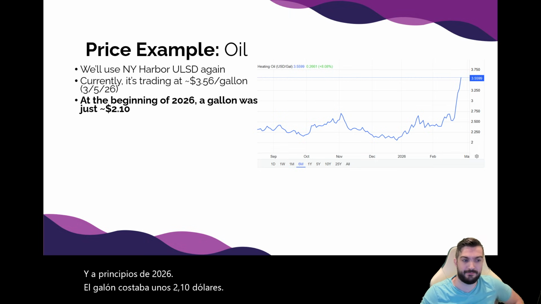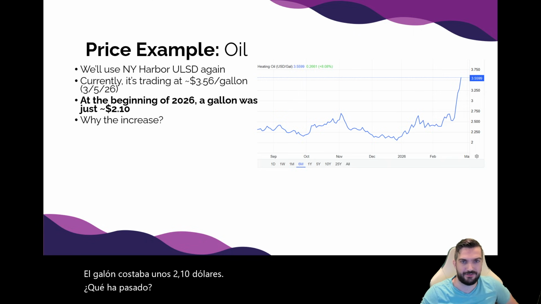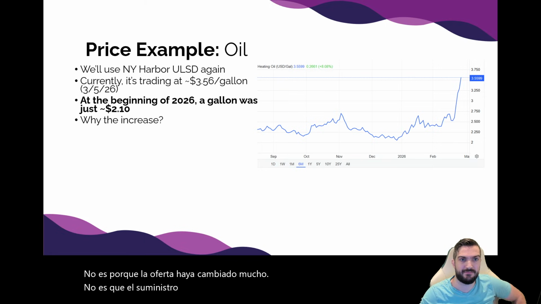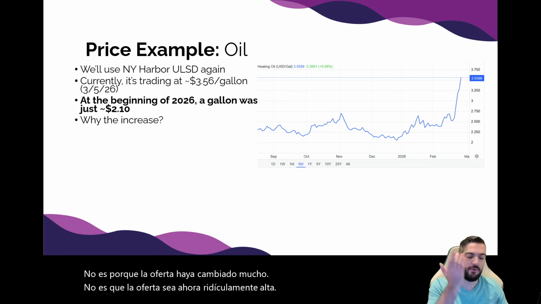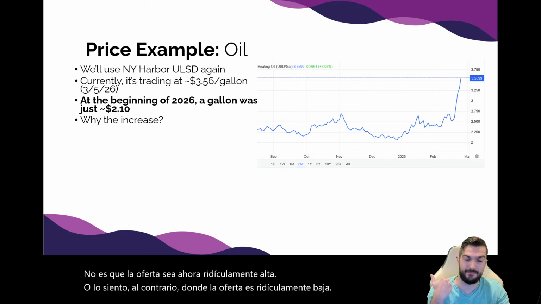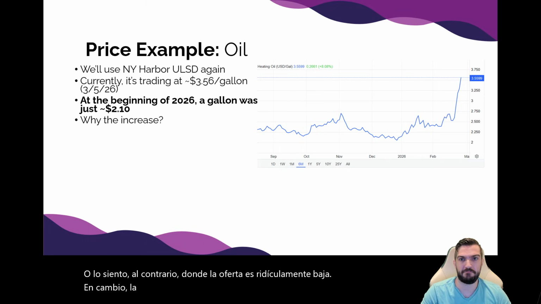What happened? Why the increase? It's not because supply has changed very much. Not that supply is now ridiculously high. Or sorry, the opposite, where supply is ridiculously low. Instead, demand is extremely high because fears around oil are extremely high.